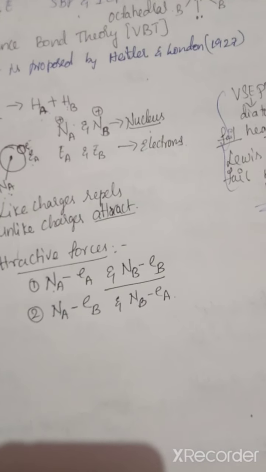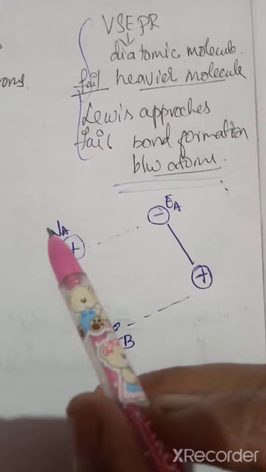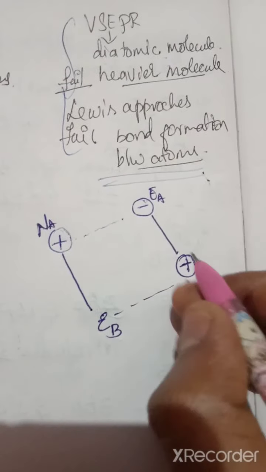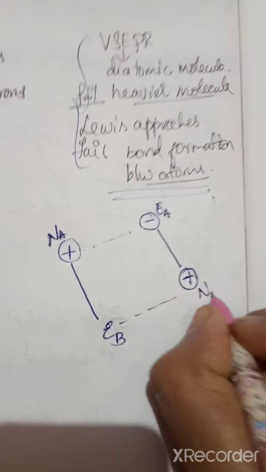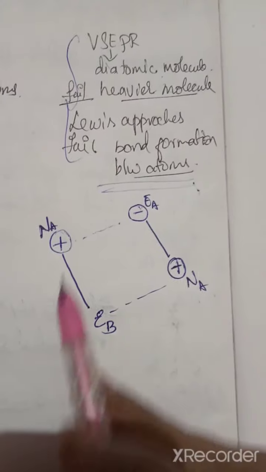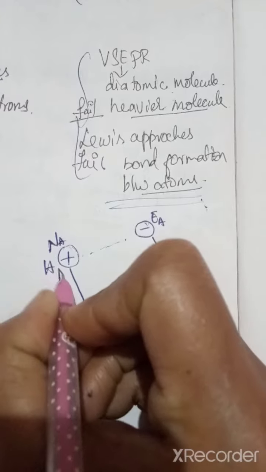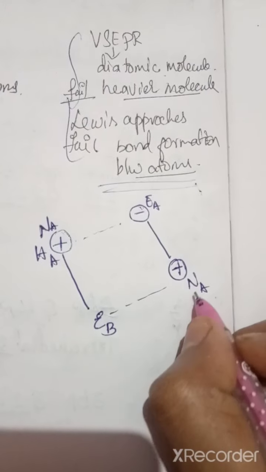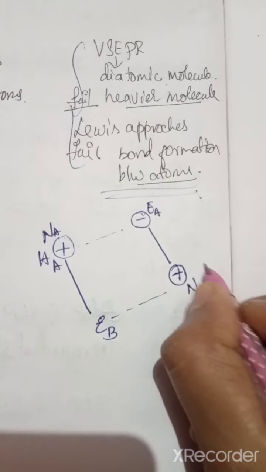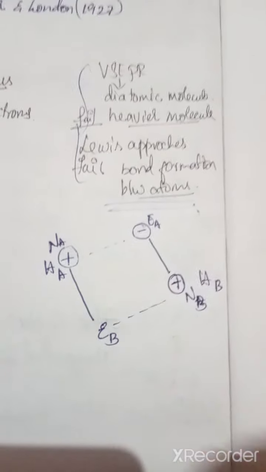I will explain. If you see here, I wrote Na and Nb, the two hydrogen atoms: one hydrogen, Ha, and another hydrogen, Hb. This is how I wrote the hydrogen molecule.